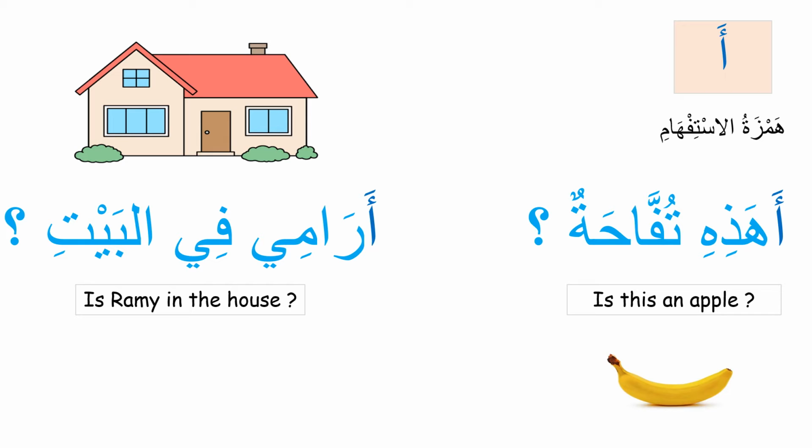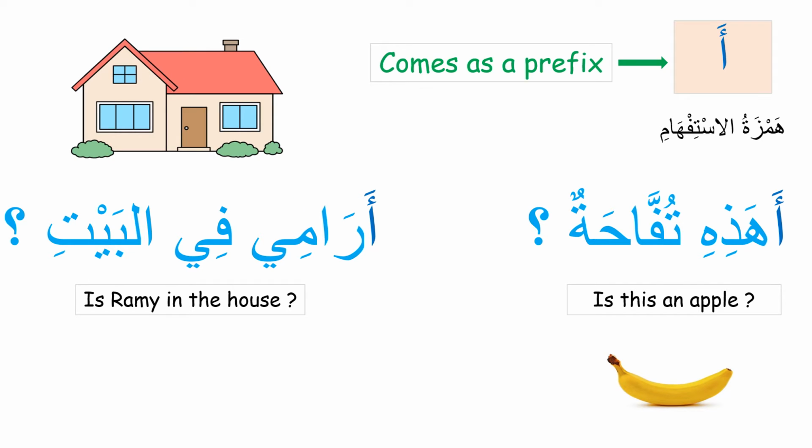Still, if you have a keen eye, you will notice that there is no space between Hamzatul Istifham and the word following it, which means that Hamzatul Istifham is a prefix. Well done you. So again, Hamzatul Istifham comes as a prefix. Accordingly, it will always be a word initial Hamza, and we've already seen that word initial Hamza always sits on an Alif. So things make perfect sense, isn't it?